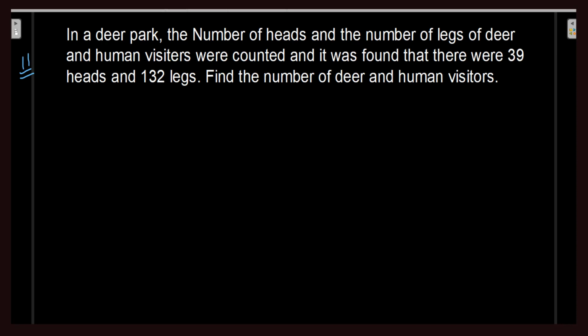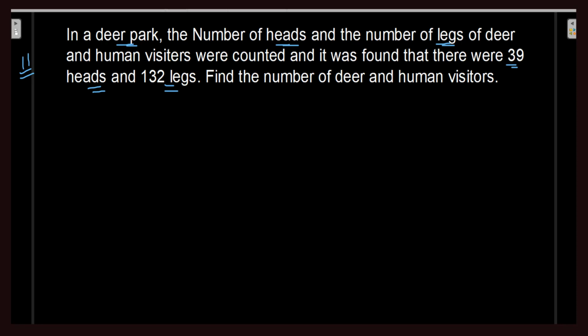So here is the question on the screen: in a deer park the number of heads and the number of legs of deer and human visitors were counted, and it was found that there were 39 heads and 132 legs. Find the number of deer and human visitors.